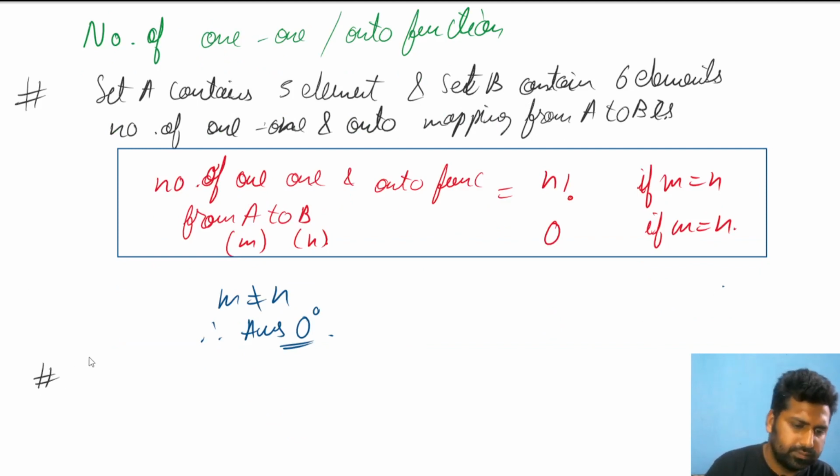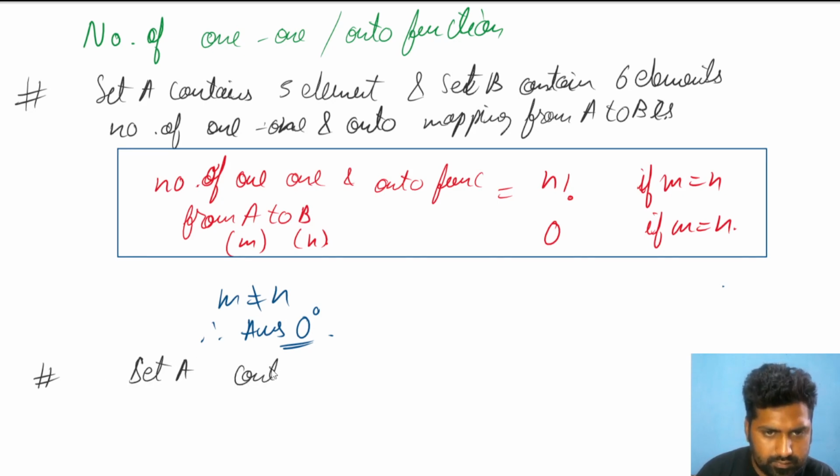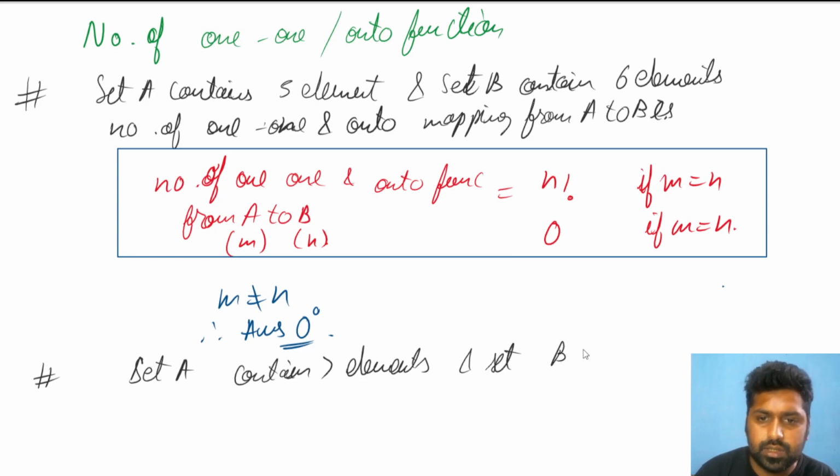Next question. Again the same scenario, set A contains 7 elements and set B contains 10 elements.